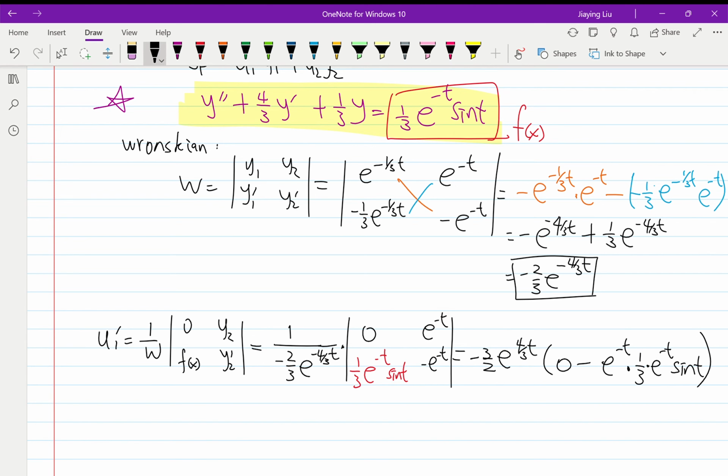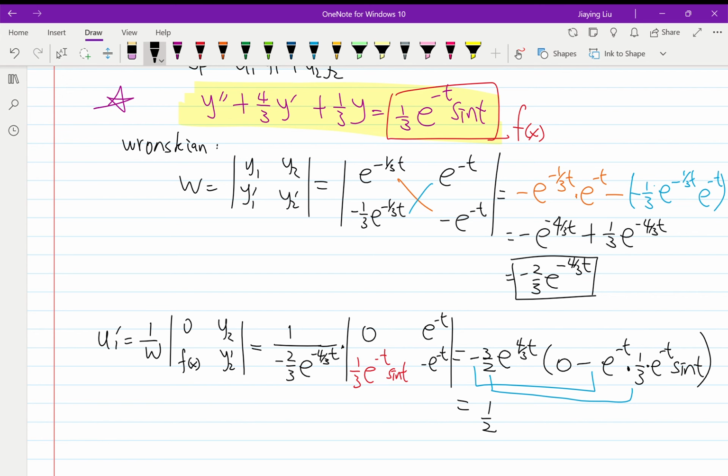Which we can simplify: the 0 we don't have to write, this negative and then this negative becomes positive. 3 over 2, 1 over 3, we can group them, becomes 1/2. So what I meant is that this negative and this negative become positive. 3/2 and the 1/3 can be grouped together, become 1/2.